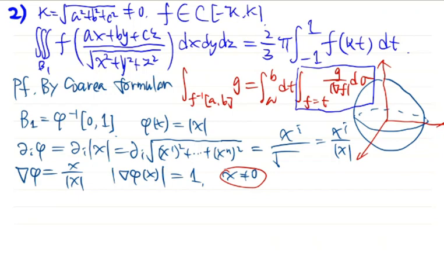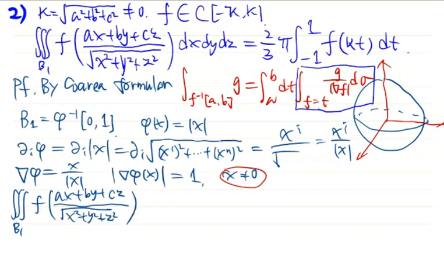Okay, so using this result, by the Euler formula, the integral on the left hand side of the equality is the integral over B1 of f of (ax plus by plus cz) over the square root of x squared plus y squared plus z squared, dx dy dz.